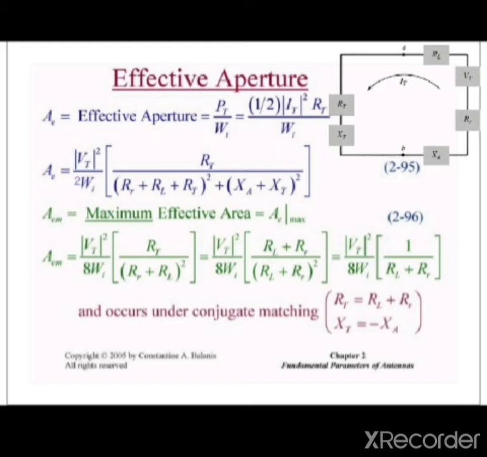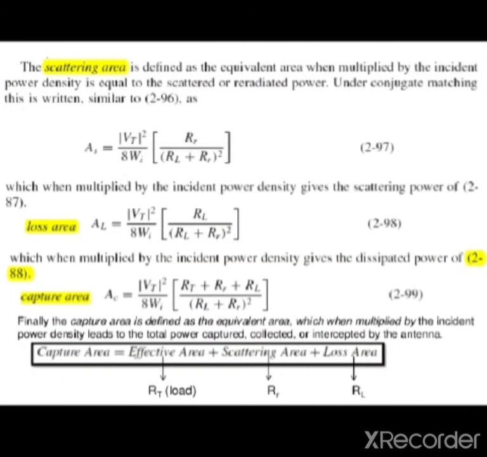Then this is the maximum effective aperture area; if it is a transmitting antenna it is AET, and if it is a receiving antenna, that is AER. So here VR square by 8 Wi into 1 by (RL plus RR). That means it completely depends on the loss resistance and the radiative resistance. These two are very important factors.